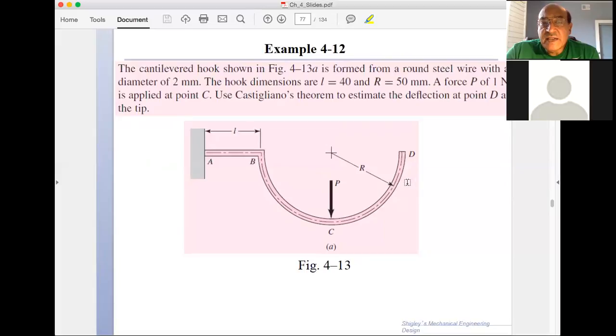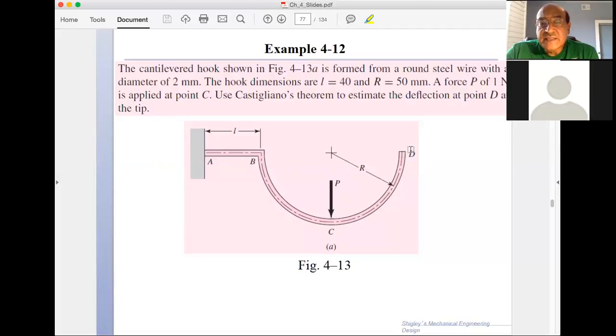So to summarize, if I want the deflection downward, then I can put a downward force Q1. If I want to find the deflection horizontally, I put a force Q2, and I do the same thing. The answer for Q1 will be different from Q2. Now, if somebody asks me what is the resultant direction, what is the angle of the deflection at point D, then I have to find the deflection due to Q1 and then due to Q2, and then I have two deflections, one horizontal and one vertical.